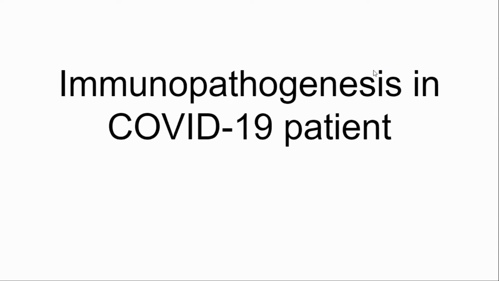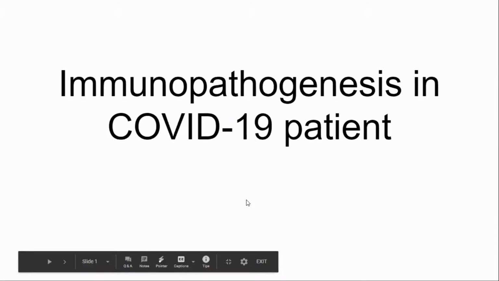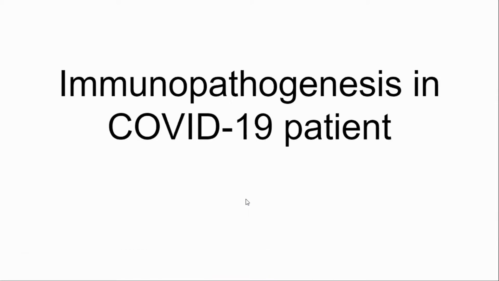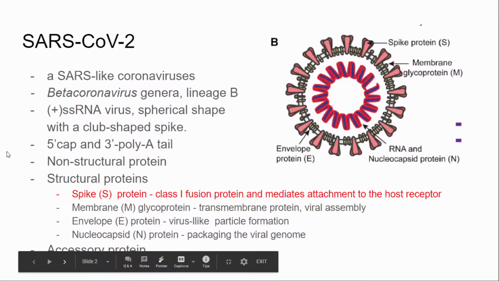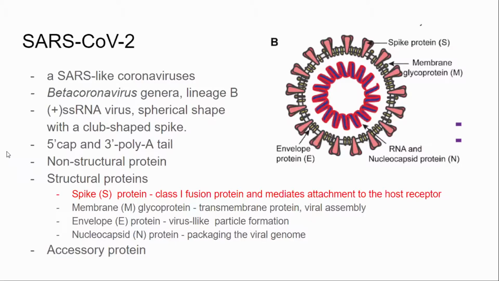Good afternoon, Ajahn and my friends. Our group has the topic of the immunopathogenesis of the SARS-CoV-2 virus. SARS-CoV-2 is a single-strand RNA enveloped virus. It is a member of the beta coronavirus.